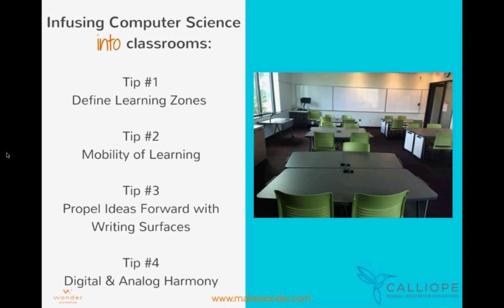So what are your learning goals? And then should emphasis be placed on furniture like chairs and tables that are movable, like we were talking about before? Perhaps some students are working in areas with direct instruction, more lecture style, some might be working collaboratively in small groups, and you may have some students that need to work independently on individual projects.